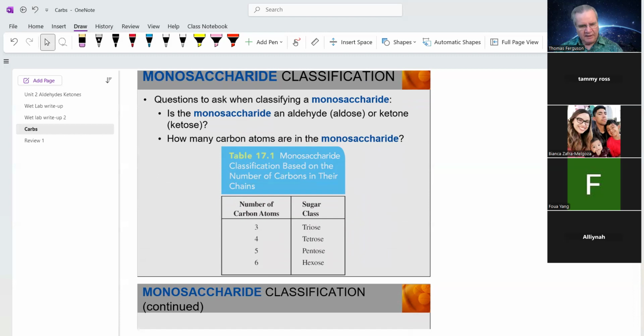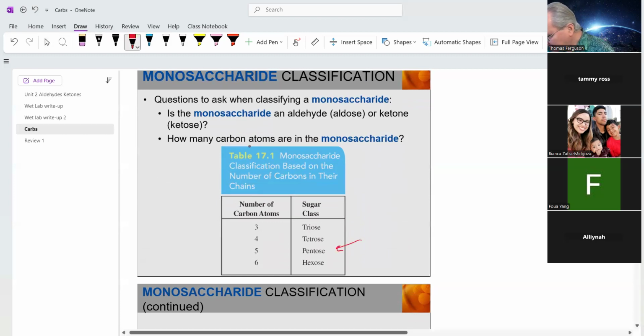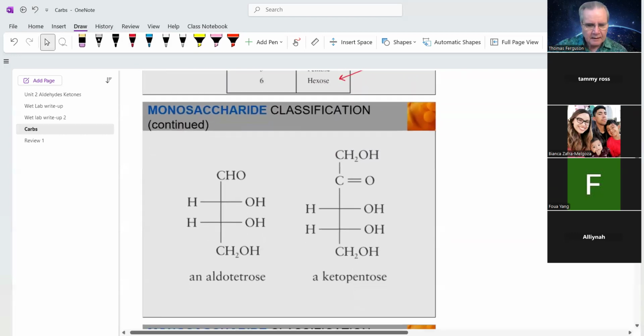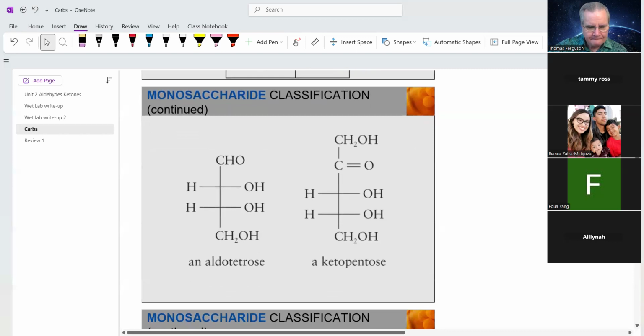Now, like in our naming conventions, we've got mono, tri, tetra, penta, hexa. We're mostly going to be working with pentoses and hexoses. And there's two versions of each one of those, depending on whether it is a keto version or an aldehyde version. And this is more common, the aldehyde version.